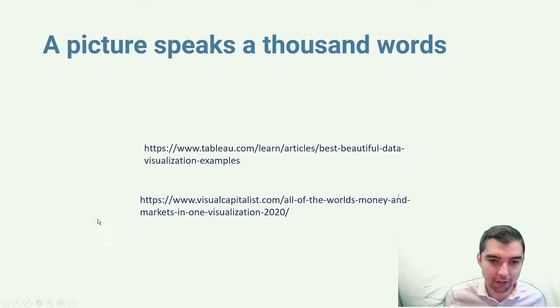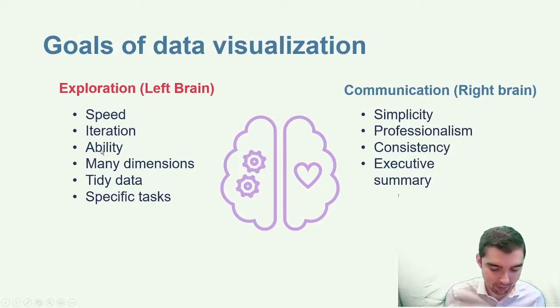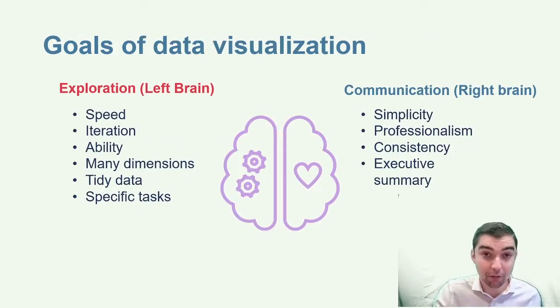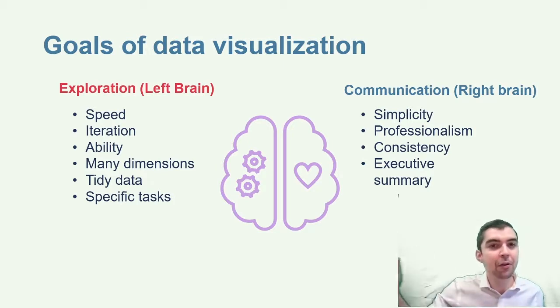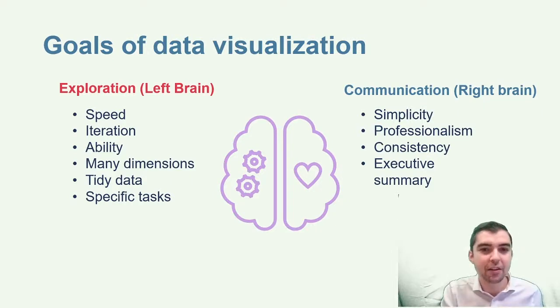And when you do data visualization, sometimes you need to just look at things from different ways. There are two methods to this. There's exploration, which uses your left-hand brain, and there's communication, which uses your right brain.